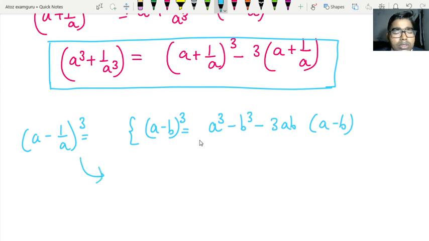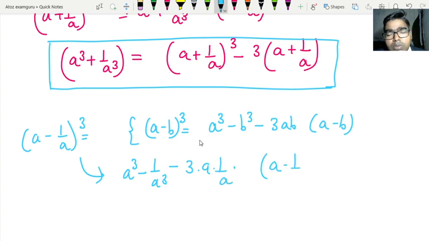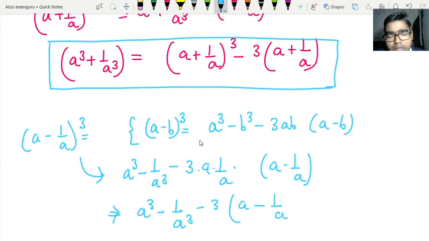So if you follow this, this will give you a cube minus 1 by a cube minus 3 into a into 1 by a into a minus 1 by a. Right friends? So this will give you a cube minus 1 by a cube minus 3, bracket a minus 1 by a. Right friends?